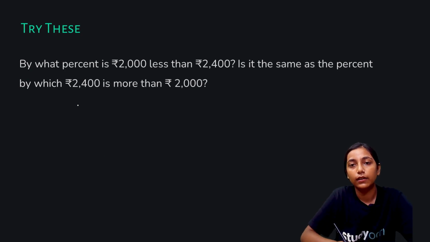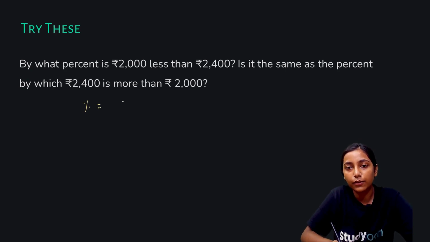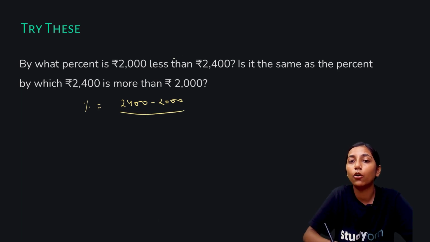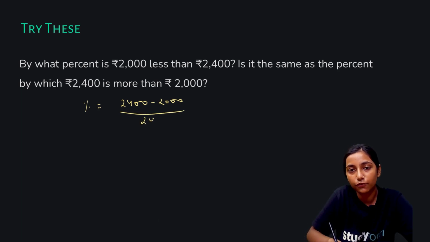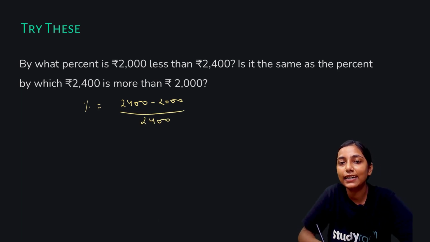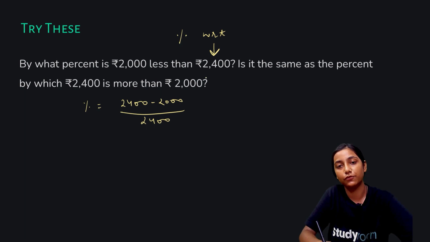How much is that percent? It will be 2400 minus 2000 divided by the original number 2400, because we are taking the percentage with respect to 2400. So in the denominator we'll write 2400, into 100 for percentage.